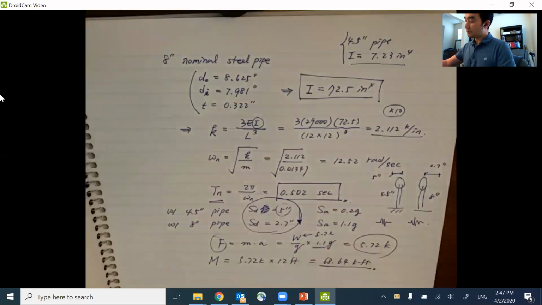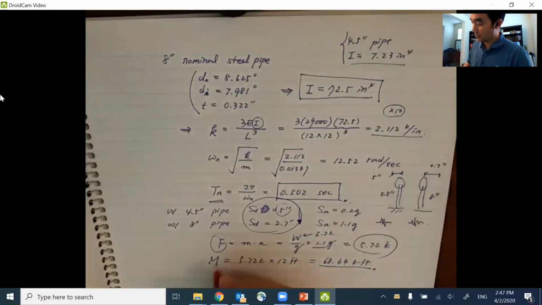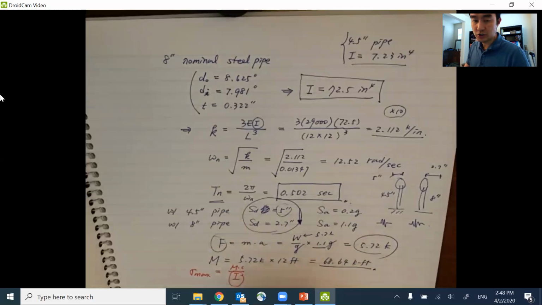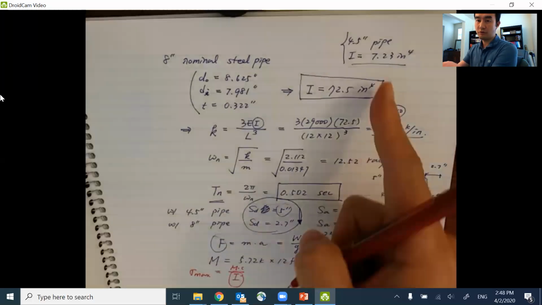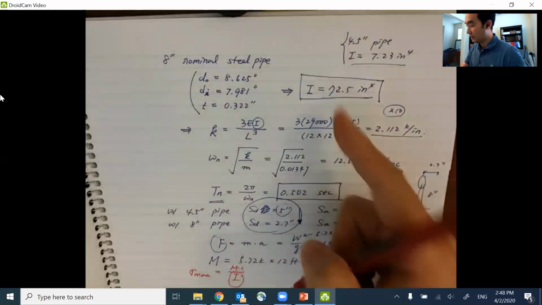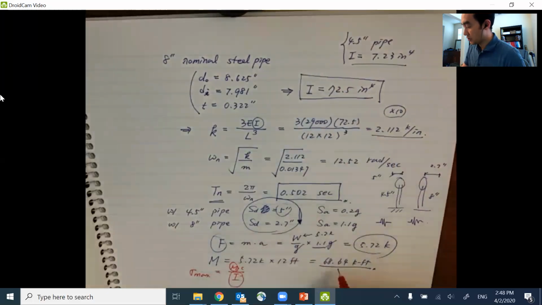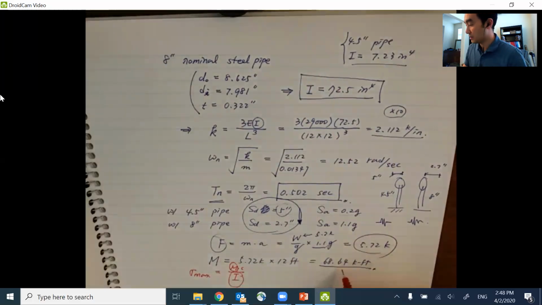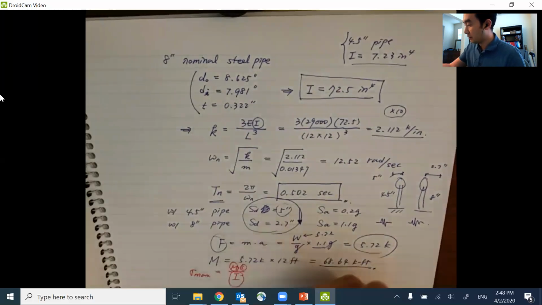Okay, how about sigma? Now the maximum stress, sigma max, is equal to Mc over I. The moment of inertia has changed from 7.23 to 72.5. The maximum moment has also changed from 12.48 to 68.64, and the C value has also changed.